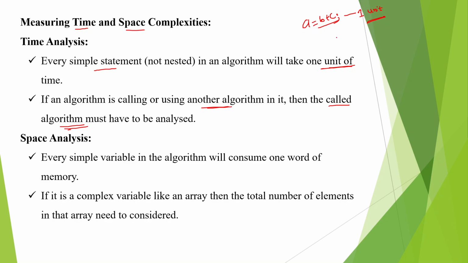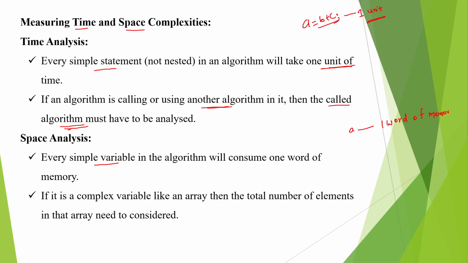Okay, we do analysis when it comes in our discussion. Then space analysis: every simple variable, once you have created or declared a variable in your algorithm, will consume 1 word of memory, not unit, one word of memory.